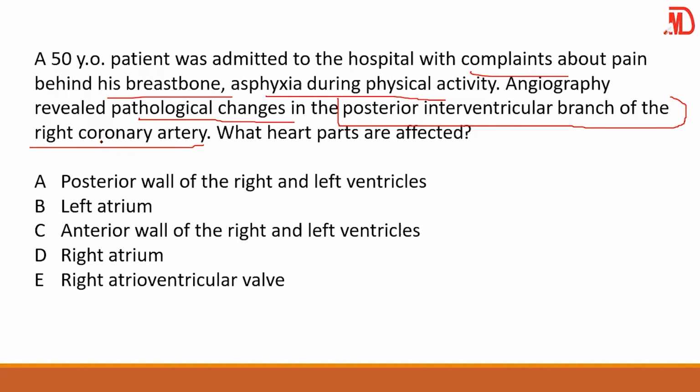So your answer should be the posterior wall of the right and left ventricles. Even if you don't know, look at the name. One thing about anatomy is that some of the arteries and nerves are named based on the organ or tissue. So over here, we are dealing with the posterior wall of the right and left ventricles. So your answer here should be A. All right.